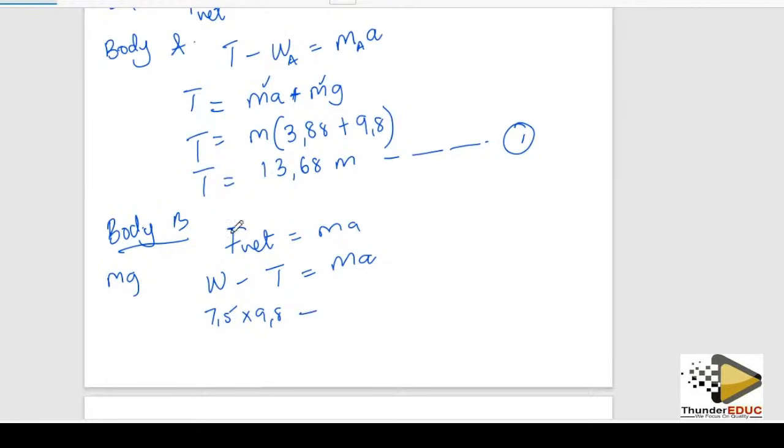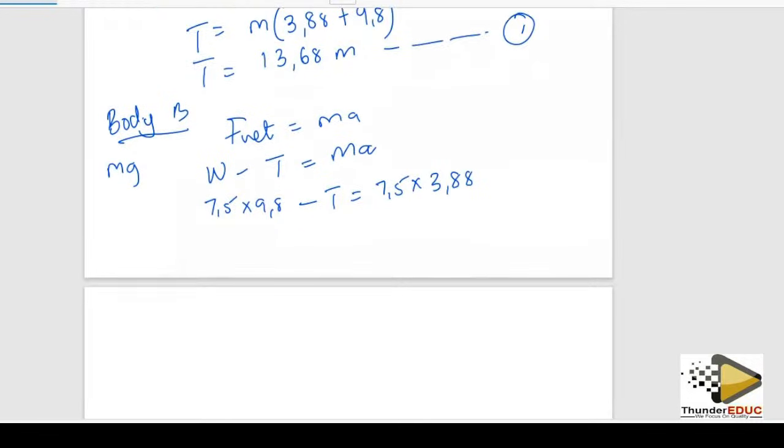We are subtracting the tension, which we don't know, should give us the mass, which is 7,5 times 3,88. Okay, so when I simplify, or I can even substitute at this level, but let me first simplify. I know I have 7,5 times 9,8. That's 73,5, minus my tension is equal to 7,5 times 3,88. That's giving me 29,1.